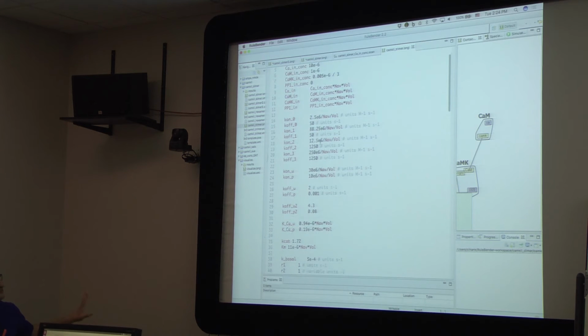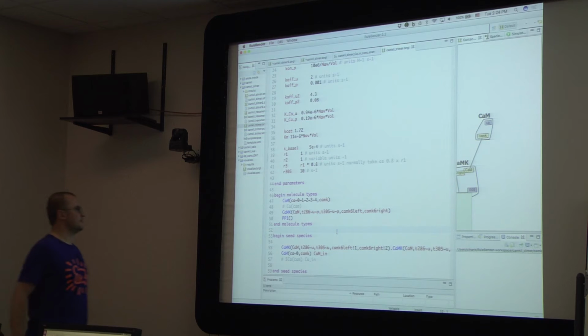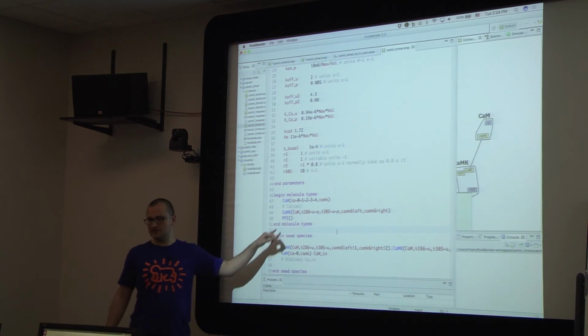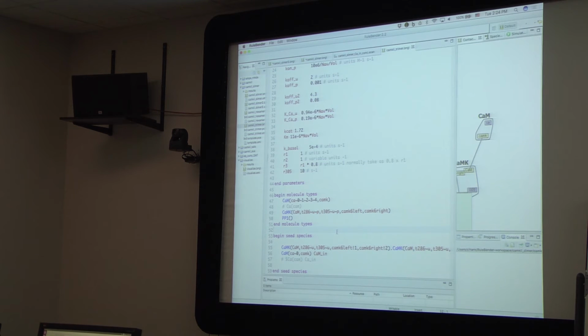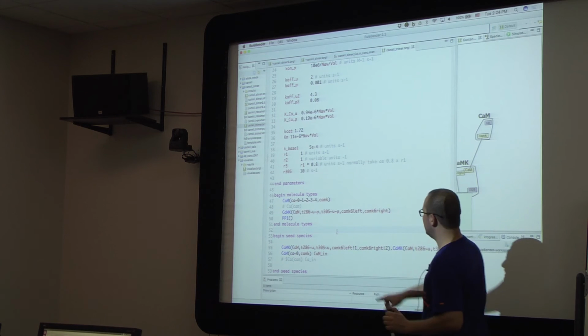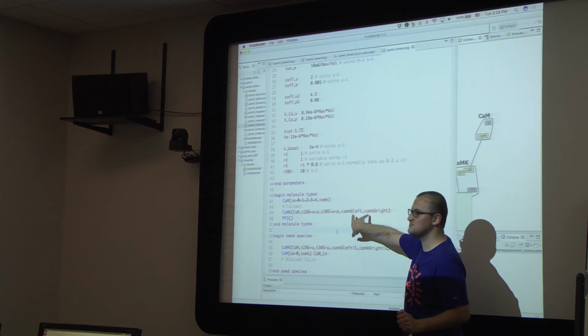Everything is the same, besides when you are defining this CaMKII molecule, because if you want to build the ring structure, and if you want to, let's say, this will be your subunit, you need to make sure what your left and right neighbor are. So in the previous model, we have only one CaMKII, but now we have two CaMKII.